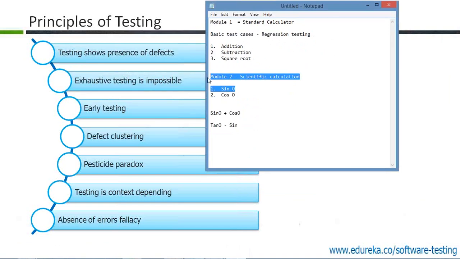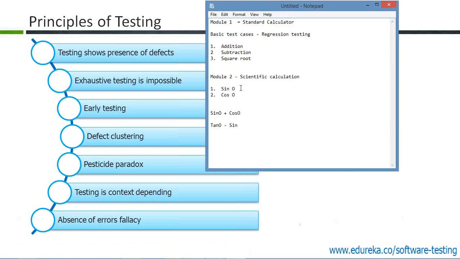This new functionality may bring some pesticides or pestilences, which can create havoc in your standard calculator. So to avoid this, I'm combining both functionalities together and preparing one test case, like sine theta plus tan theta.